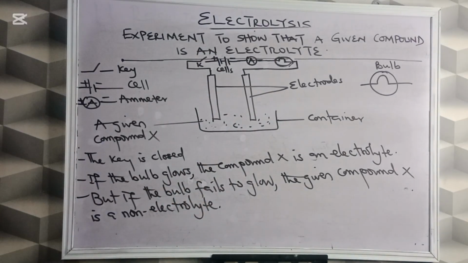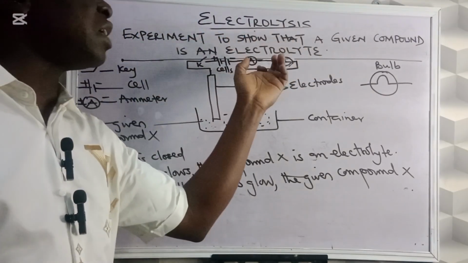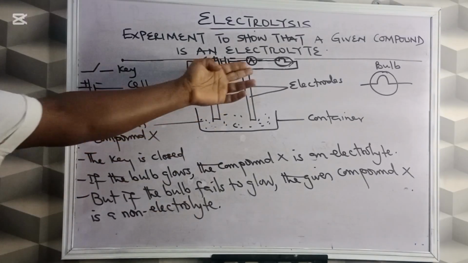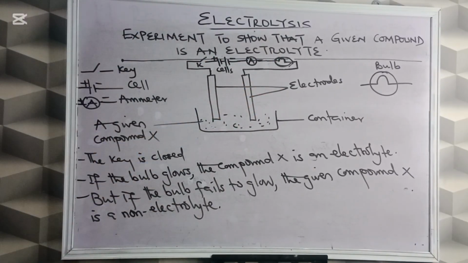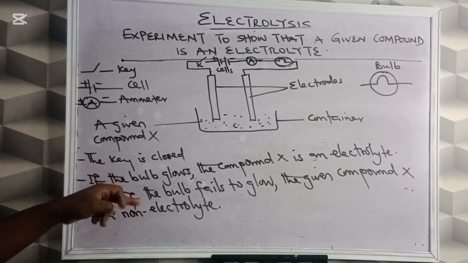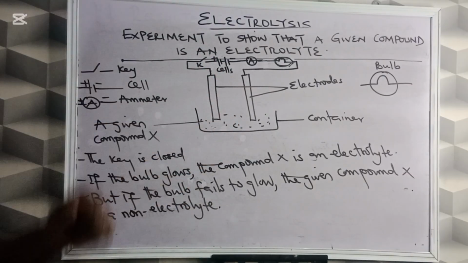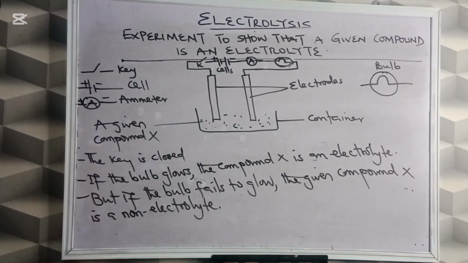So that's the experiment, whether you are asked to use the same experiment to show that a given compound is a non-electrolyte. If the bulb glows when the key is closed, then the given compound X is an electrolyte. But if it does not glow, it is a non-electrolyte.